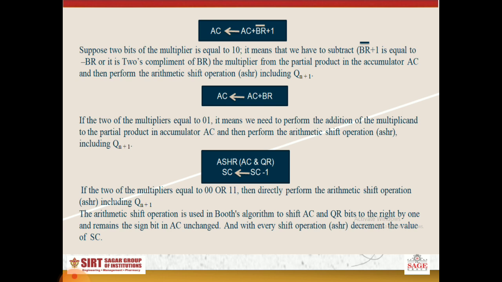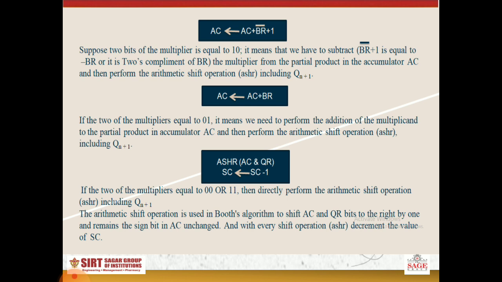Suppose the 2 bits of the multiplier are equal to 1 0. It means that we have to subtract BR, that is BR bar plus 1 equal to minus BR, or the 2's complement of BR, from the partial product in the accumulator AC, and then perform the arithmetic shift right operation including Qn plus 1.